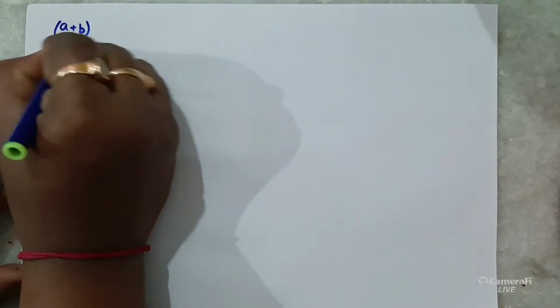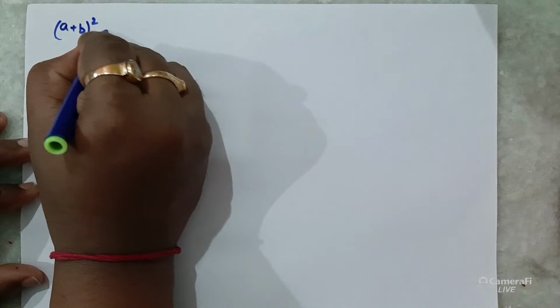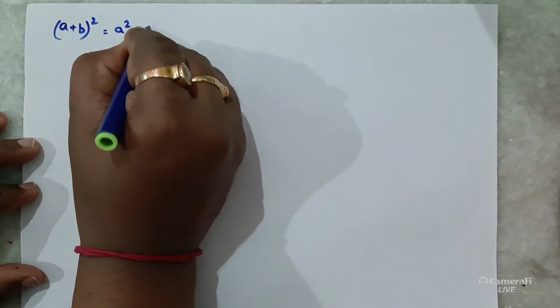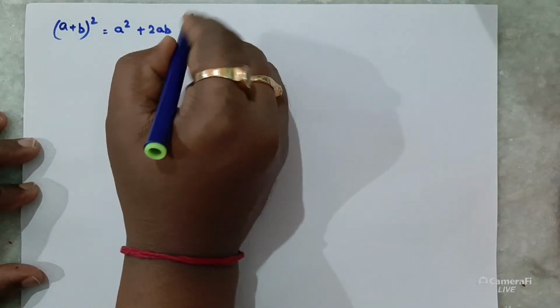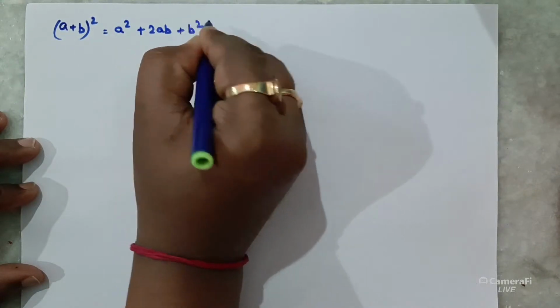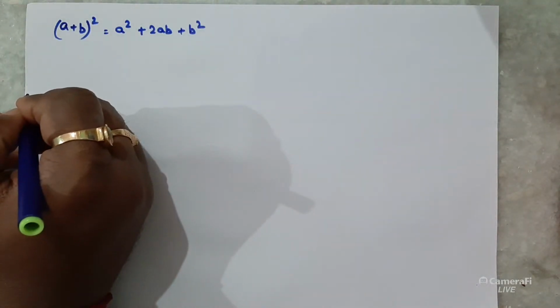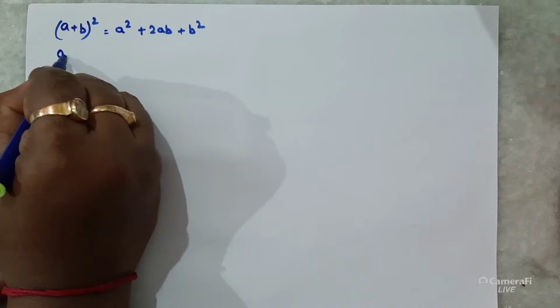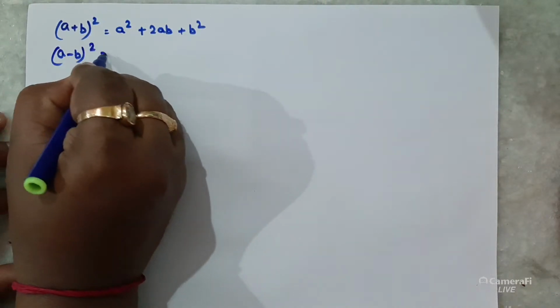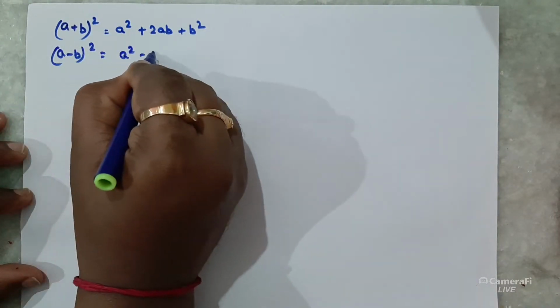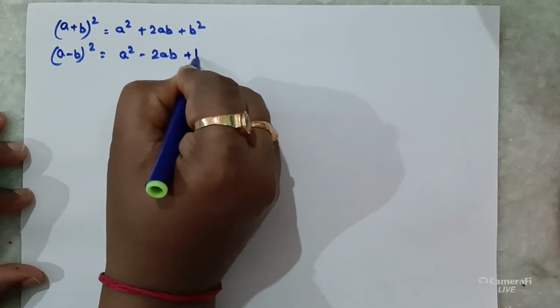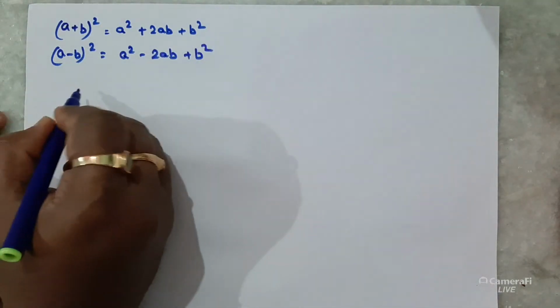First is, as you know, that a plus b whole square equals a square plus 2ab plus b square. This you already know. Next, a minus b whole square equals a square minus 2ab plus b square. Okay.